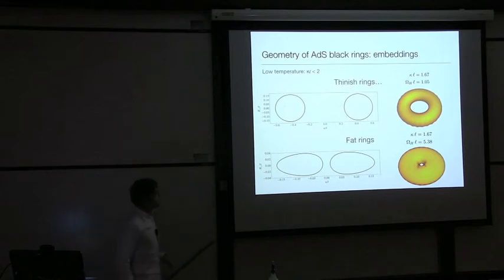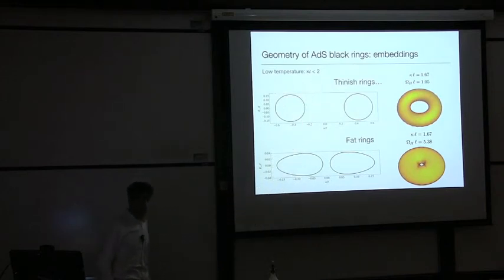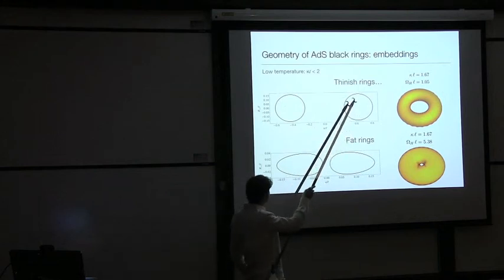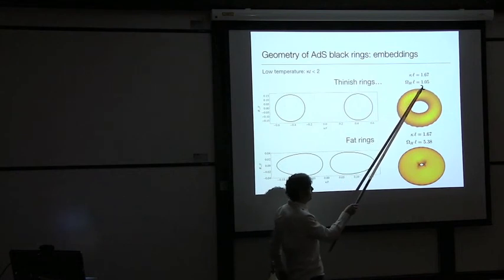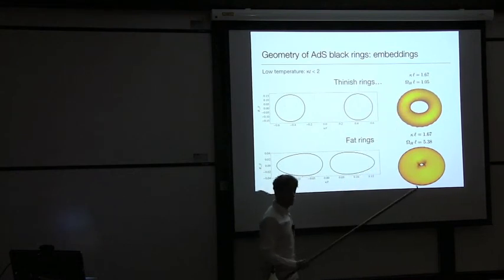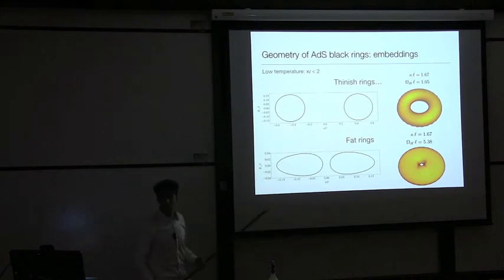Now as you keep lowering the temperature, something interesting happens. At sufficiently low temperatures, that is less than this critical value, it's not possible to construct arbitrarily thin rings. So the thinnest one that we found in this limit is these ones here. You see, these are pretty close to this critical value of the angular velocity, whilst fat rings essentially behave in the same way.